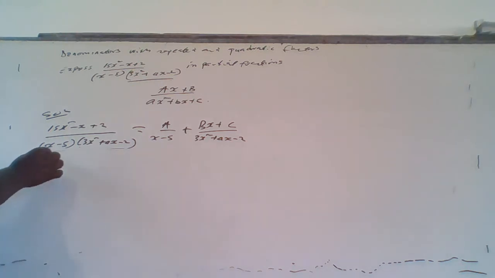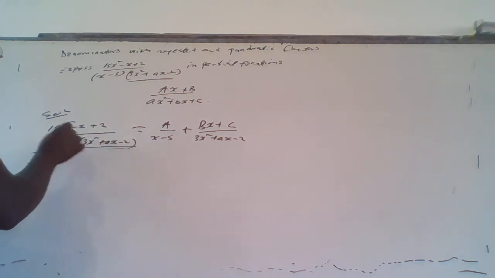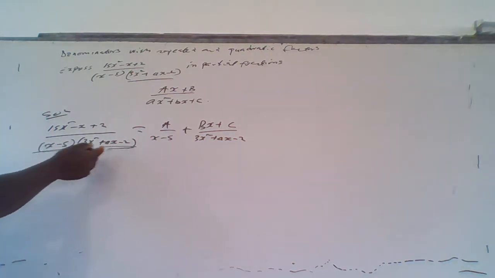Once again, you multiply through by the original denominator on both sides of the equation.